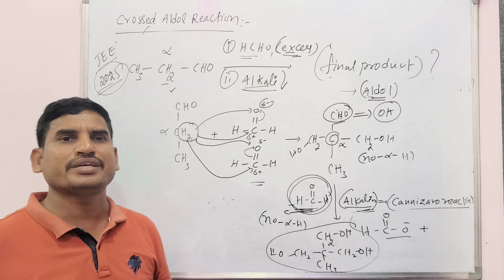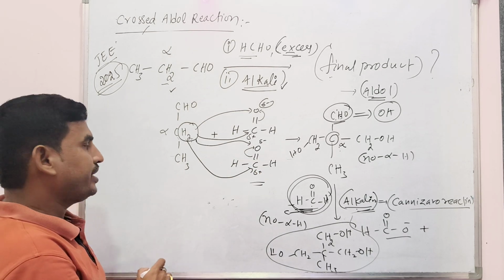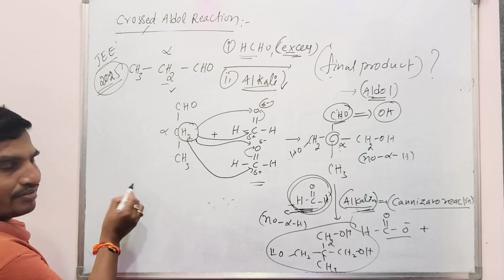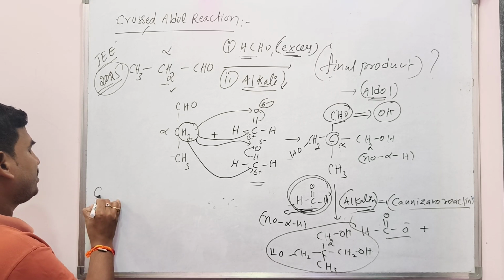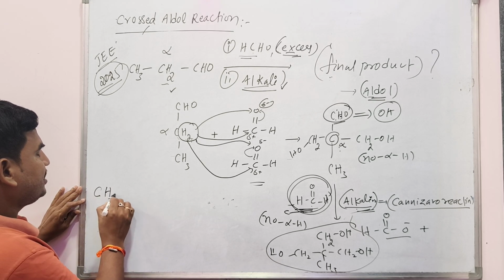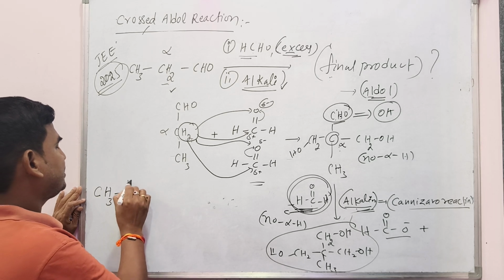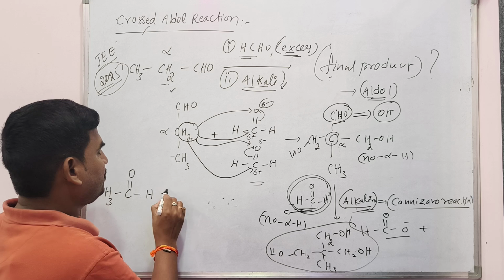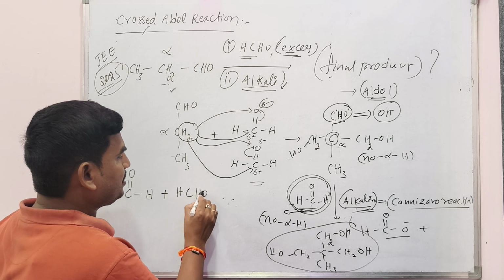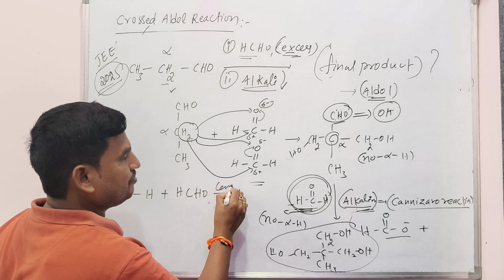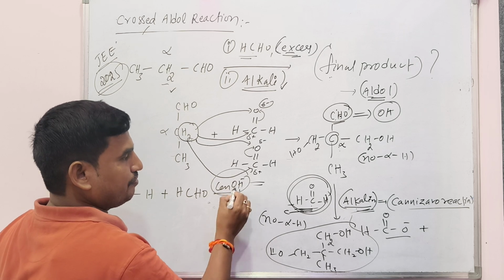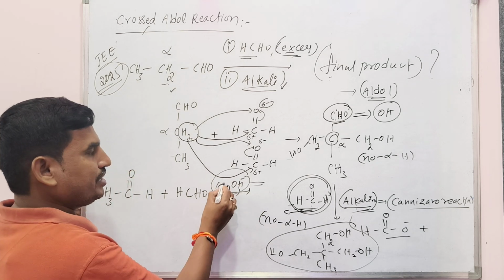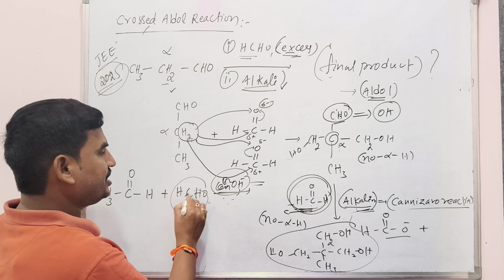If any excess is mentioned, it means it will react further. If you go for other reactions like this, for example acetaldehyde, CH3 CHO, plus excess formaldehyde in concentrated base, alkali or basic medium, with formaldehyde in excess.